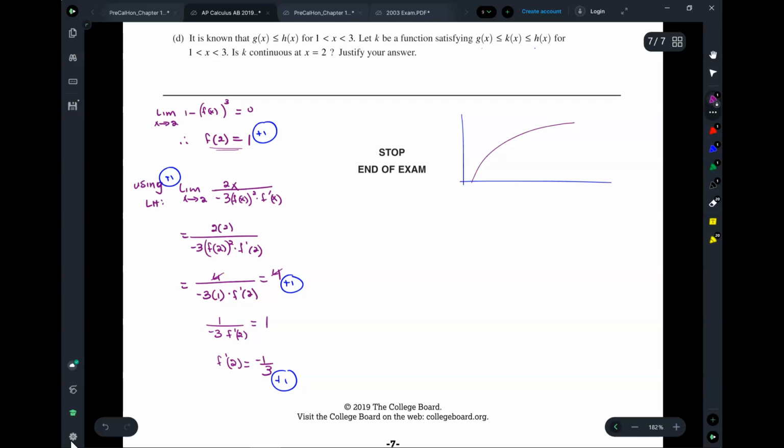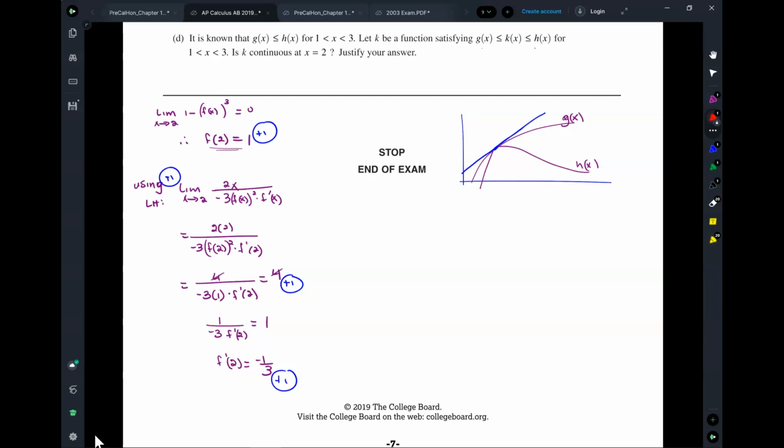So if g of x looks like this, h of x probably looks like that, right? It's less. And remember, this is the line that's tangent. Now, the question is asking, if there is another function k of x that's in between these two, does that also have to be continuous?